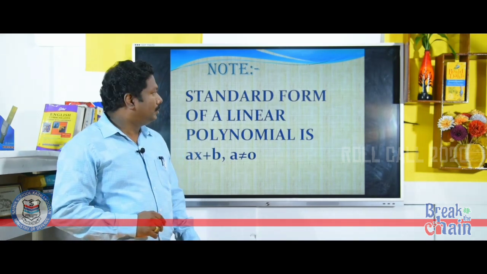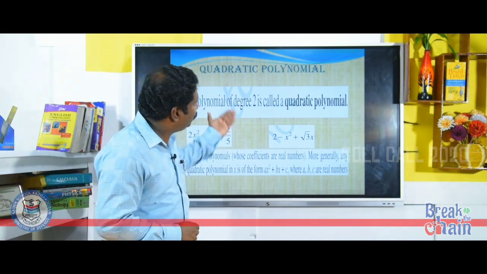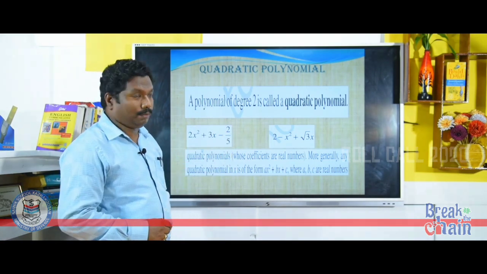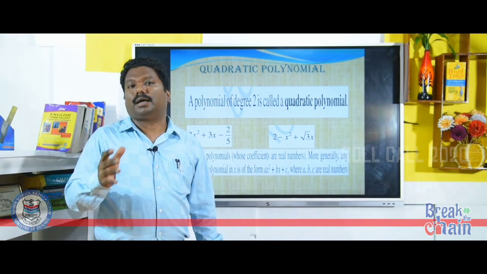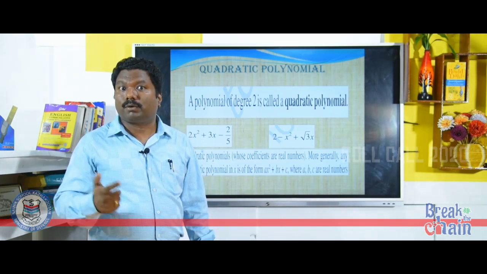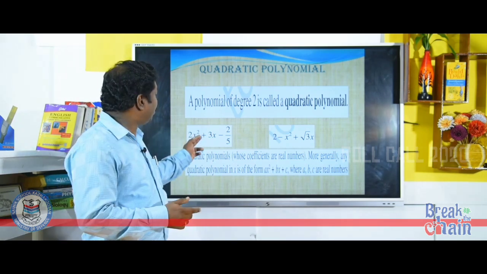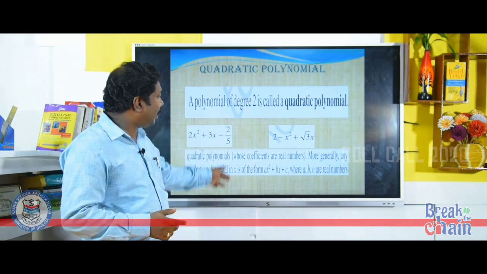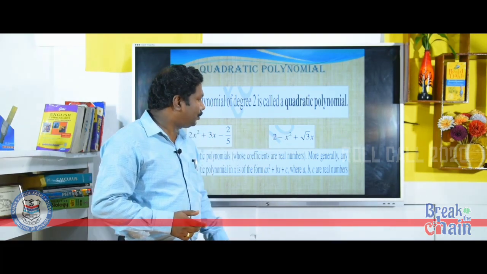Then the second one is the quadratic polynomial. A polynomial of degree 2 is called a quadratic polynomial. For example, x square plus 2x plus 3, 2x square plus 3x minus 5 by 2, 2x square minus x, 2 minus x square plus root 3x.